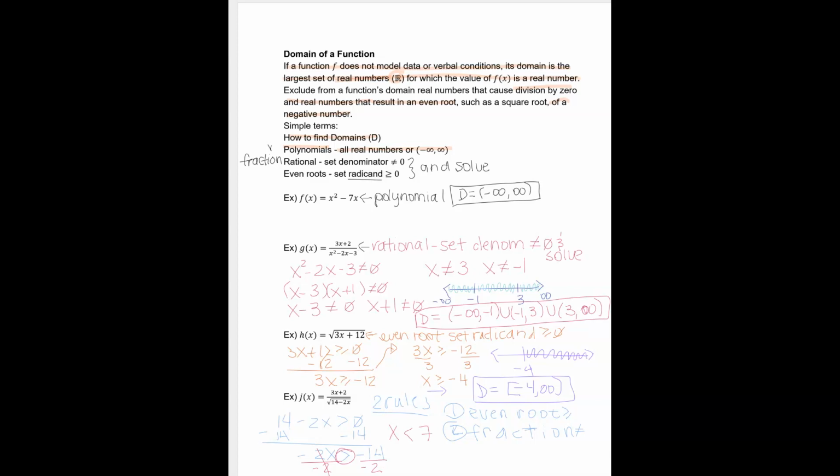Okay, we could put that on our handy dandy number line. If we have 7 and x is less than him, our domain is going to equal negative infinity to 7, and both of these are going to be parentheses.